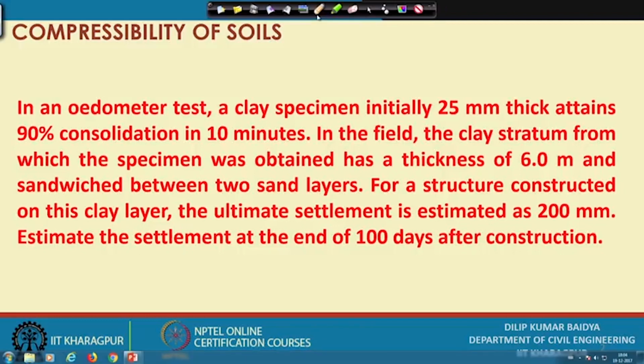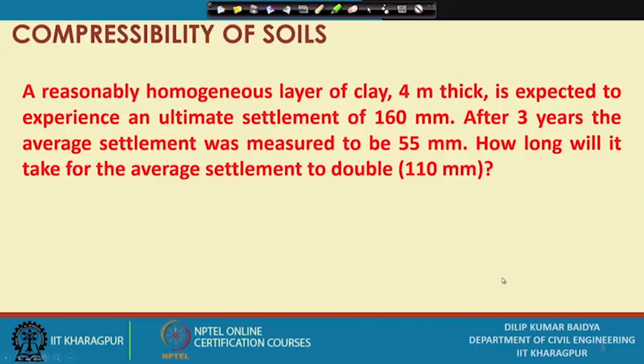You can see in an odometer test, a clay specimen initially 20 millimeter. This is the problem I think we have already done. So, this is the second question. A reasonably homogeneous layer of clay, 4 meter thick, is expected to experience an ultimate settlement of 160 millimeter.